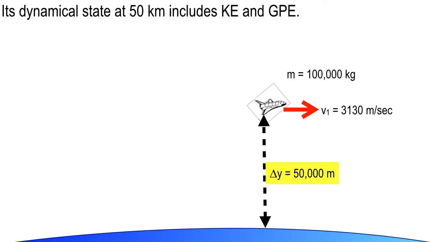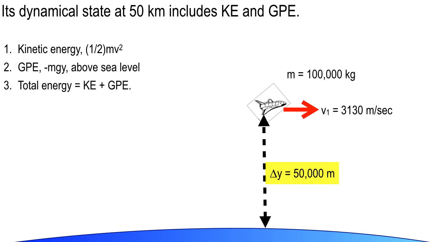Now, let's do the kinetic energy first, 1/2 mv squared. We've done it several times. And this one's ginormous, but you can still do it. And then we're going to do GPE, mgy above sea level. And then we're going to add them up to get the total mechanical energy, KE plus GPE.